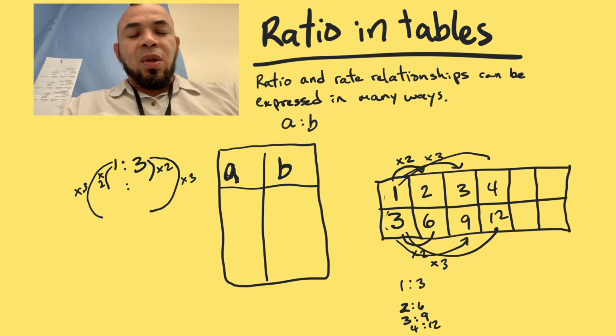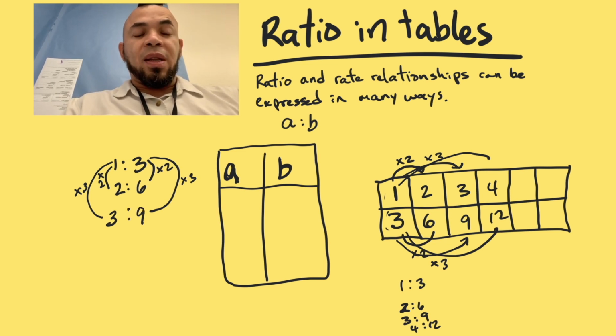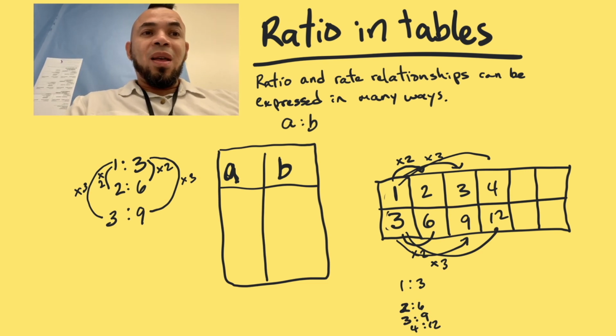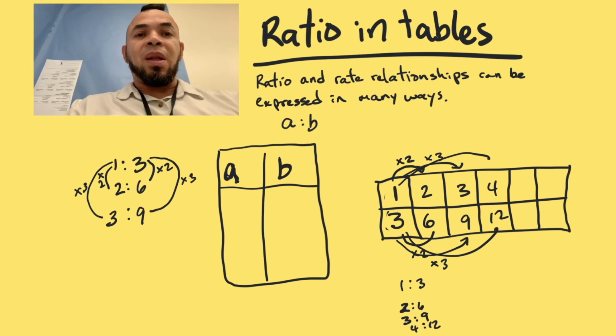So times 2: 2 times 2 is 2... 1 times 2 is 2, 3 times 2 is 6; 1 times 3 is 3, and 3 times 3 is 9. The same equivalent ratios that I showed you before, but now you see them right there. You can continue doing that, and now you have a list of ratios that you can compare to the answer choices if you're doing a problem like that one.